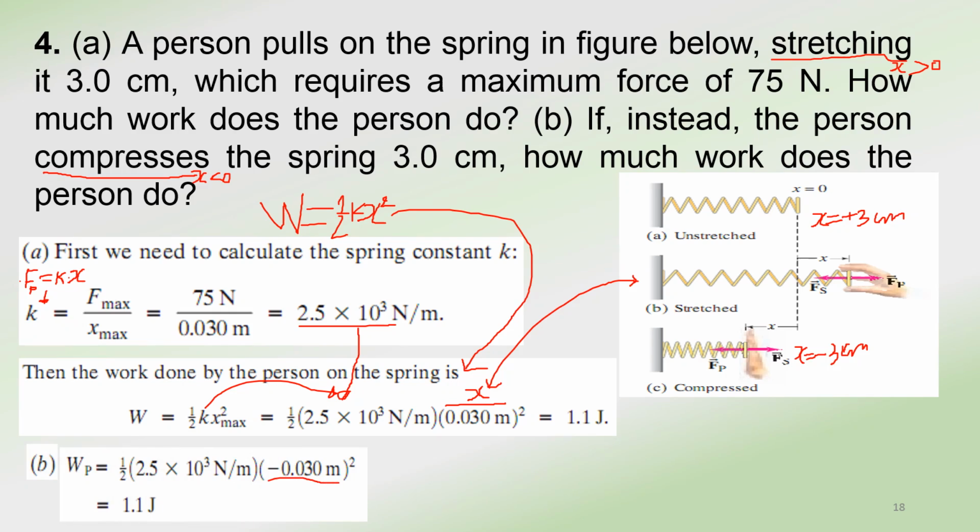This is the stretched distance x. In the case of compression, it is the same, then it is squared. The minus x squared equals plus x squared, and the work done is the same, equal to 1.1 joule.